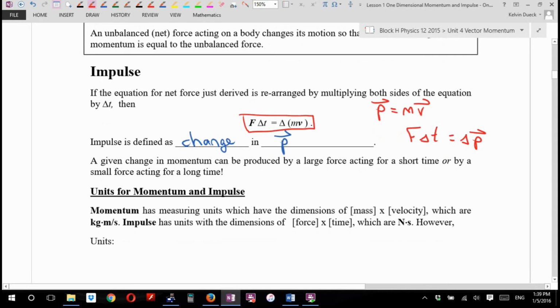There's several ways that you can change the momentum of an object. You can have a large force acting for a short time, sledgehammer. Small force acting for a long time. NASA is trying to invent ion engines. An ion engine for its spacecraft would shoot small atomic ions out the back.